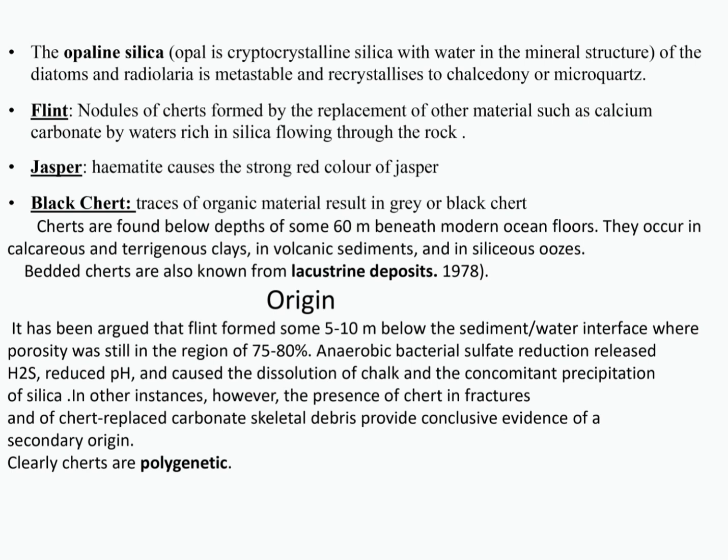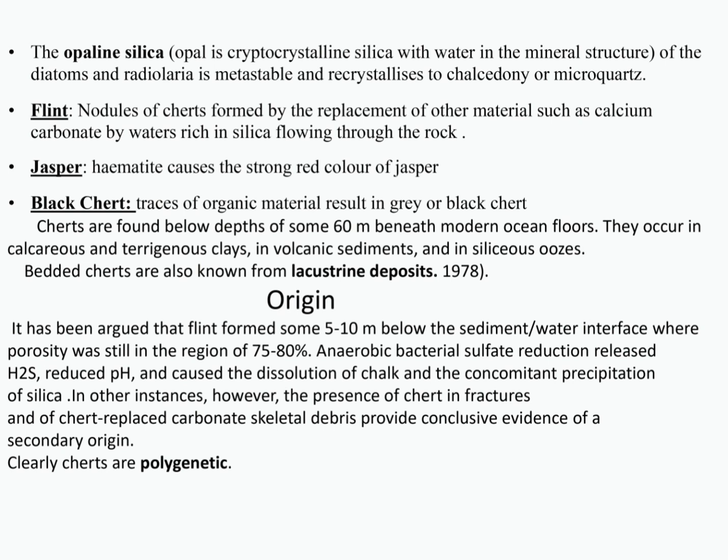Calcium carbonate gets dissolved in acidic conditions, so when the pH decreases, the chalk, which has a calcium carbonate composition, dissolves, and the silica gets precipitated.